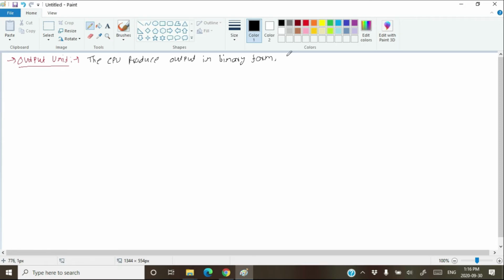Okay. So the output unit converts the output from the CPU, that was binary, into human understandable form.